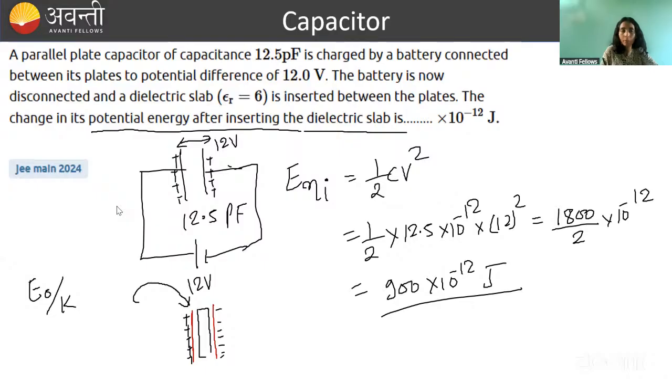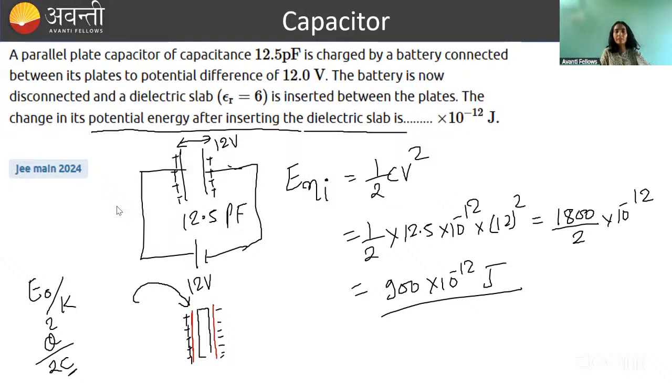If you remember, you can use the formula of energy stored, Q squared by 2C. When you insert a dielectric between the plates of a capacitor that is not connected to the battery, what happens? Q will remain the same, since it is isolated. C will increase by k times, so overall energy will decrease by k times.